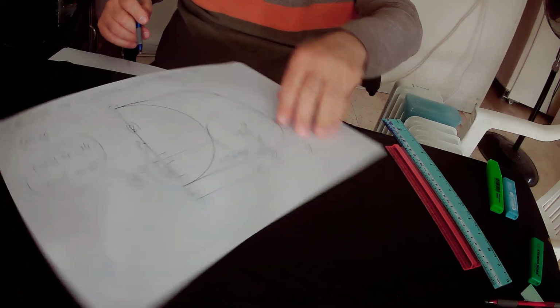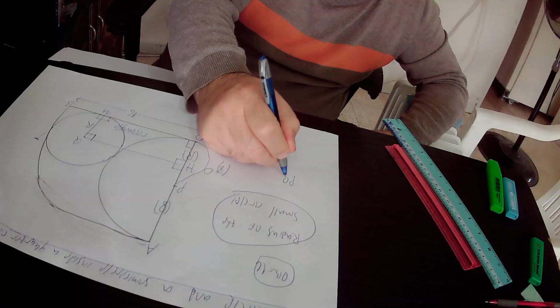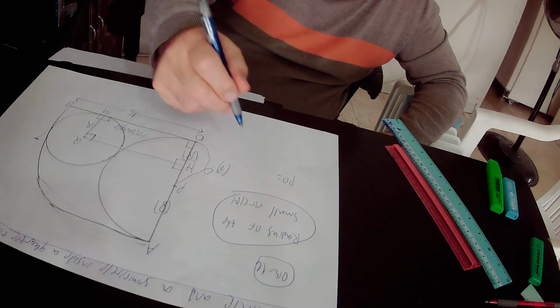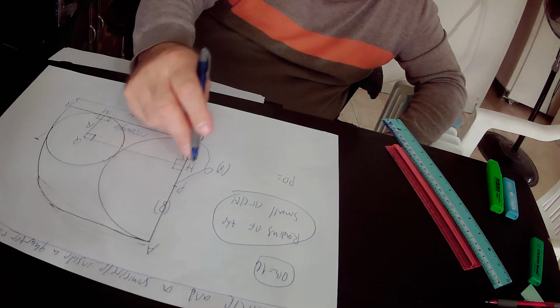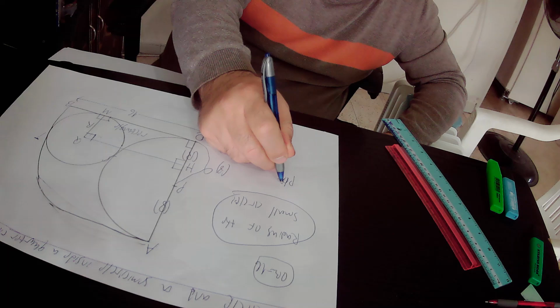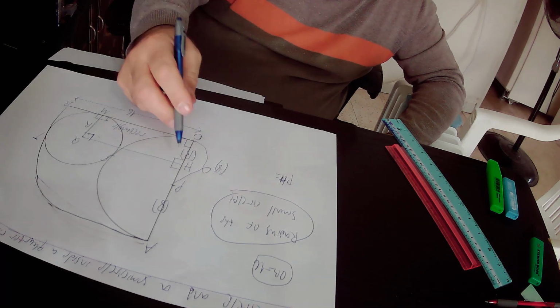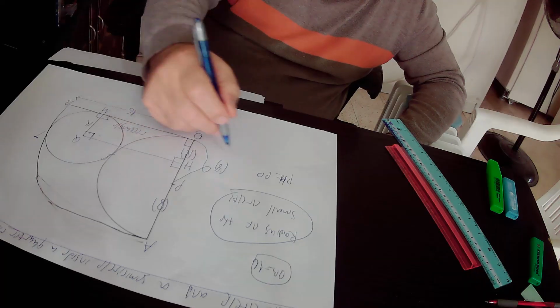So I write it down. PH, this line segment PH, is equal to PO minus HO.